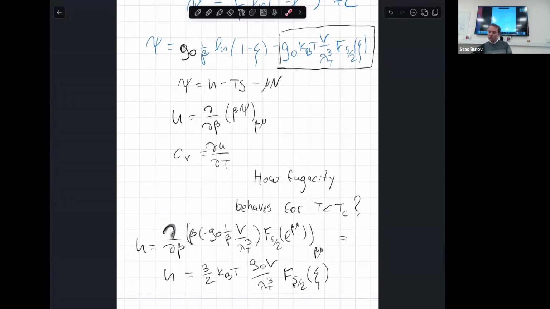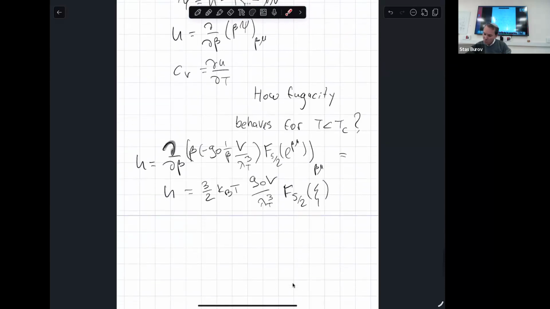If I multiply this part by beta, beta cancels out, and then I take the derivative of this part, okay? Let's see what happens if I take into account the ground state. So I have d to d beta of beta multiplied by g0 divided by beta log of 1 minus e to the power beta mu, okay? And I have to take this derivative when beta mu is constant.